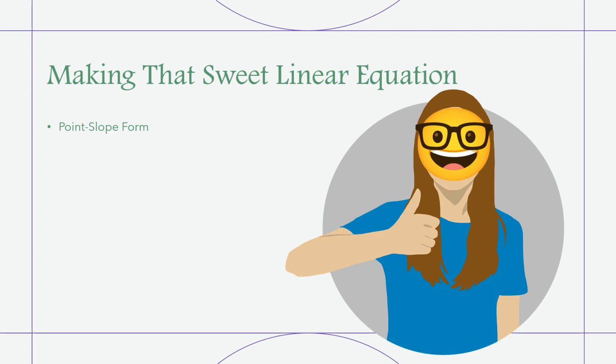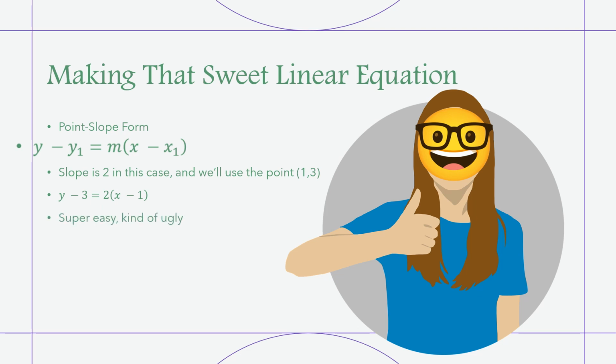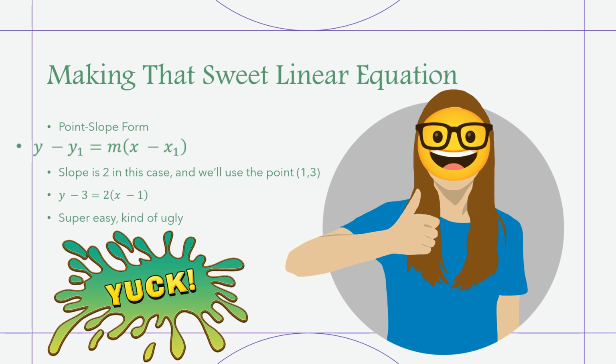Point-slope form is written as y minus y1 equals m times x minus x1. M is the variable most often used for slope. Remember, our slope is 2, and one of our points is (1, 3). So our equation is y minus 3 equals 2 times x minus 1. It's not a very pretty equation though, is it?